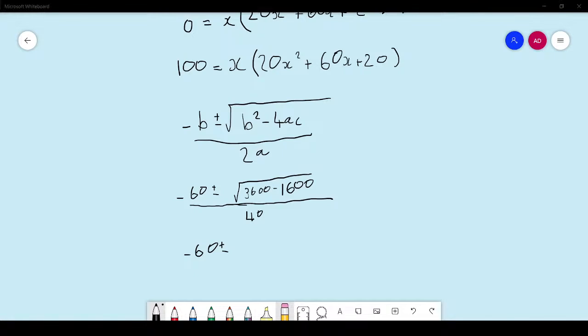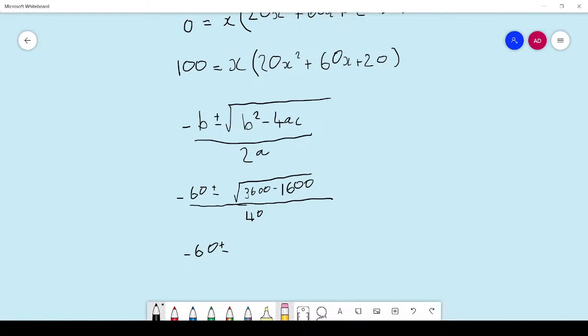Let's check. Negative 60 plus minus the square root of 3600 minus 1600 over 40 either gives negative 0.38 for the positive solution and negative 2.618 for the other solution.